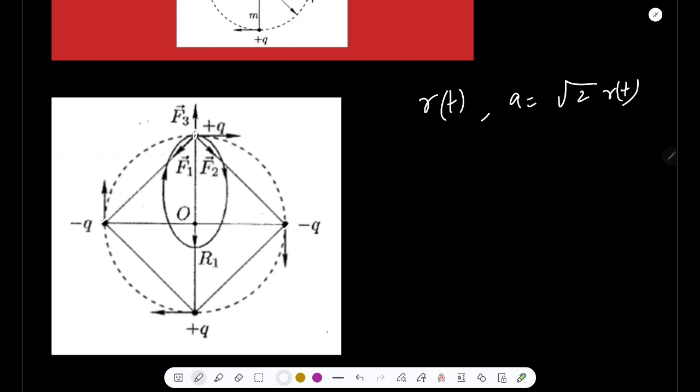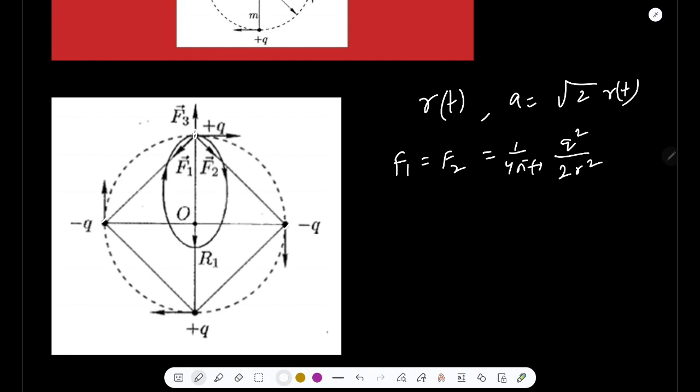And according to Coulomb's law, the magnitudes of these forces are, let me calculate, F1 will be equal to F2. Their values can be written as 1 upon 4 pi epsilon naught, q square, the charges are same, divided by root 2 r square, that is 2r square.